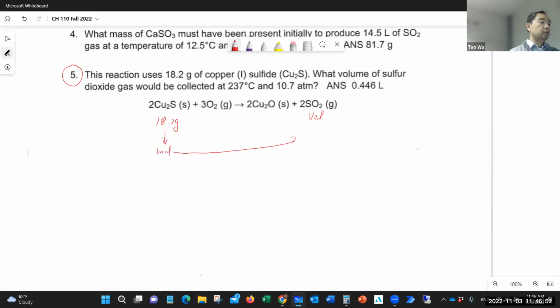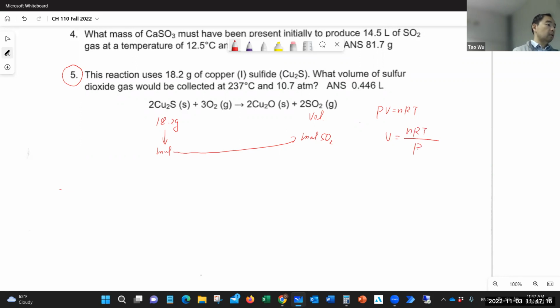And then you figure out the mole of the SO2 based on the copper 1 sulfide. And then based on PV equal to nRT, you figure out the volume, right? The volume should be equal to nRT divided by P. Okay, so these are the steps.